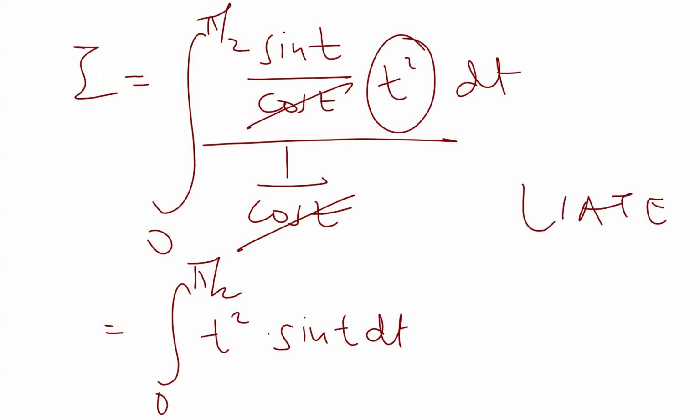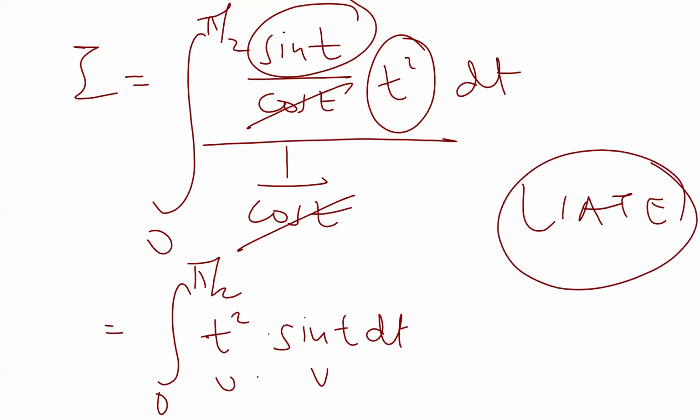LIATE: algebraic and trigonometric. Algebraic is x raised to n. So I interchanged because first we require algebraic and then trigonometric. Now this part you can solve using the LIATE rule, which we have already discussed at length.